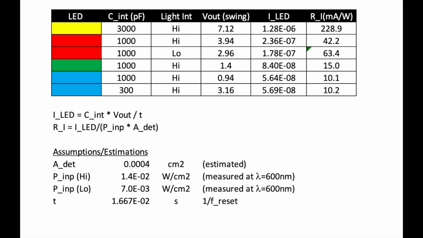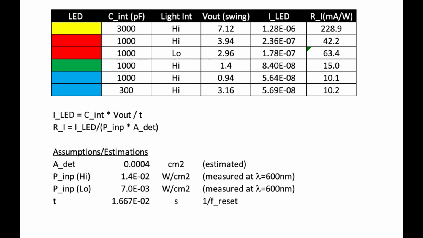The next LED I measured was a green LED, at the same integration capacitance and a higher power setting of the light. This was about 4 times weaker than the red LED, or maybe 3 times weaker, giving a current of about 84 nanoamperes, considerably less than the others, and so the responsivity came out to be 15.